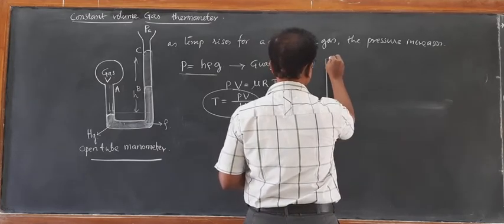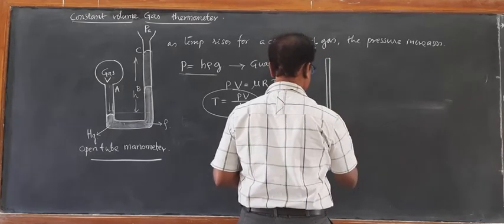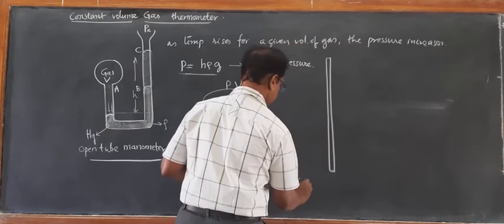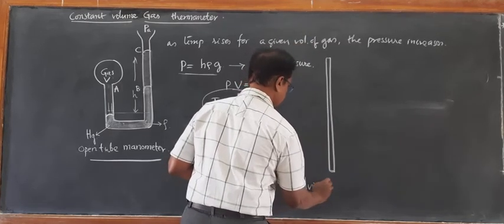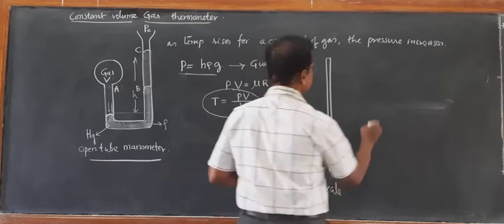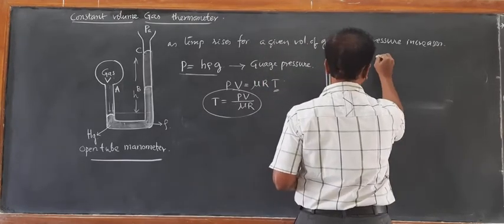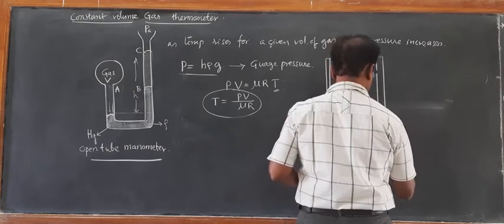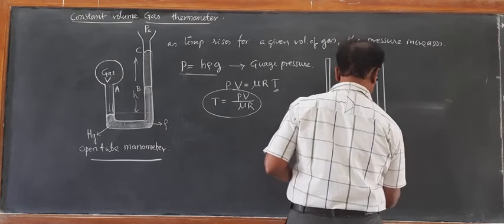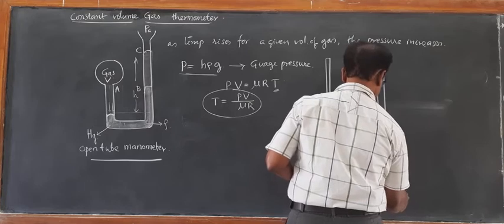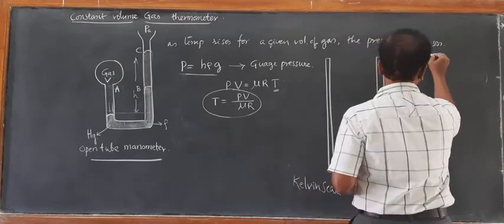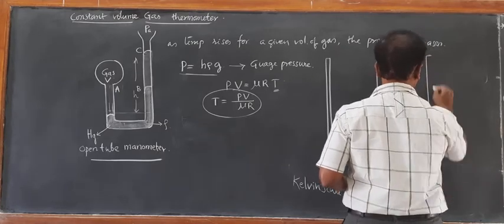Let us say that this is the Kelvin scale. Here it is the Celsius scale, and here the Fahrenheit scale.